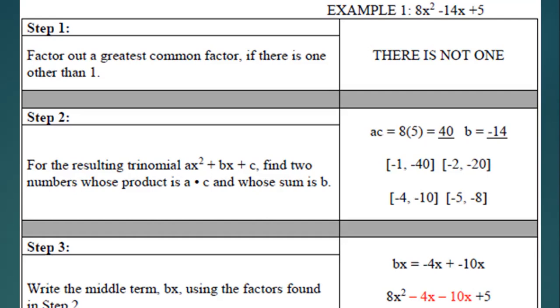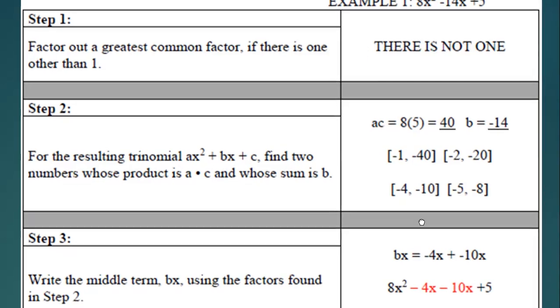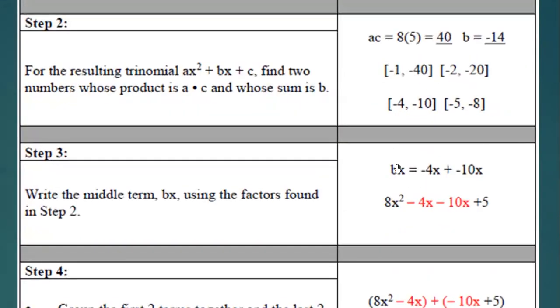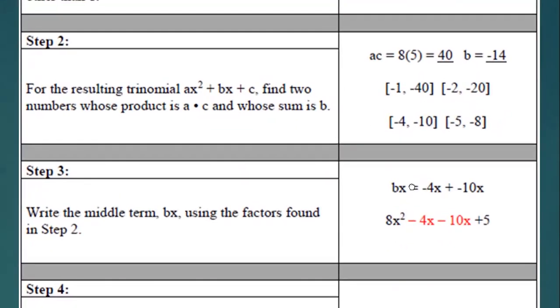A negative plus a negative makes a negative. So instead of listing out every single possibility of 40, I only listed out doubles of negatives. Out of my 4 choices here, which one gives me negative 14? Well, that would be this guy. Do we see it? Negative 4 and negative 10. What this means is that I can replace.